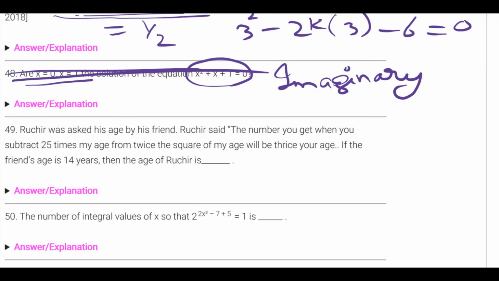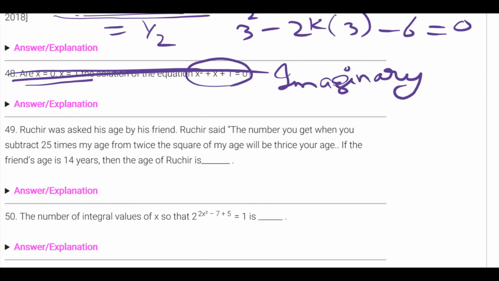Next, Ruchir was asked his age by his friend. Ruchir said, the number you get when you subtract 25 times my age from twice the square of my age will be thrice your age. If the friend's age is 14 years, then the age of Ruchir is.